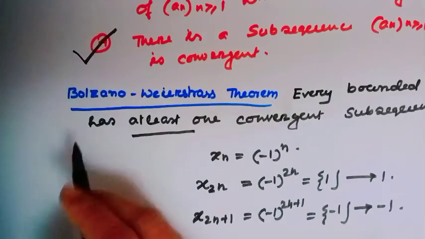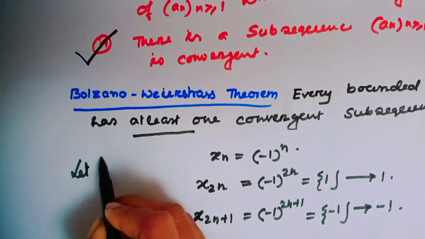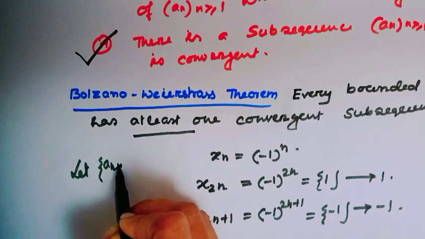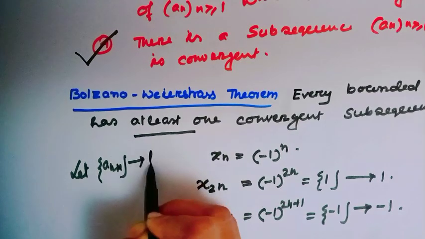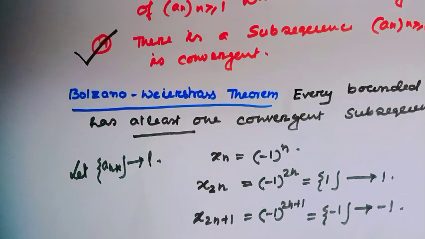Let ank be a subsequence which is convergent to L, and we all know any subsequence of a convergent sequence will converge to the same limit.